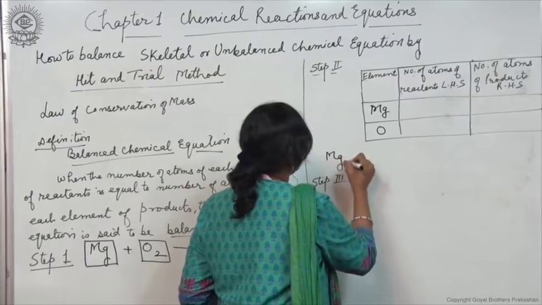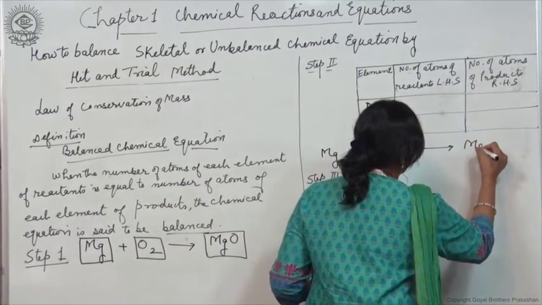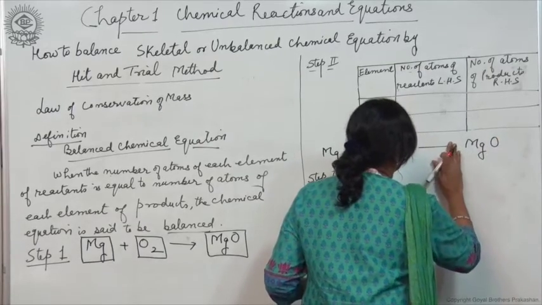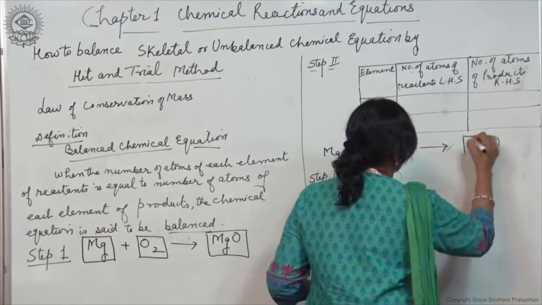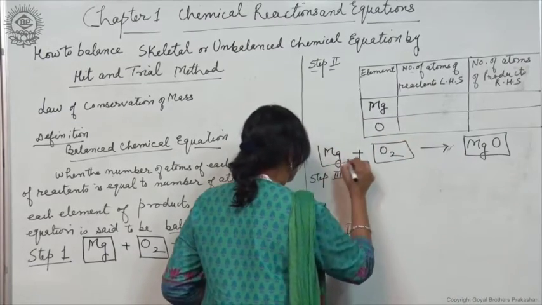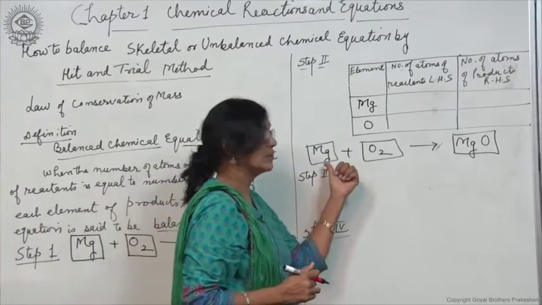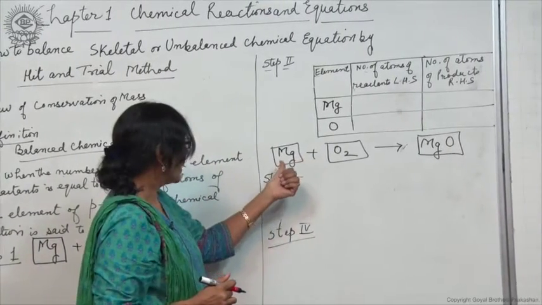We can write this equation again. Now count the number of atoms of each element in reactants.